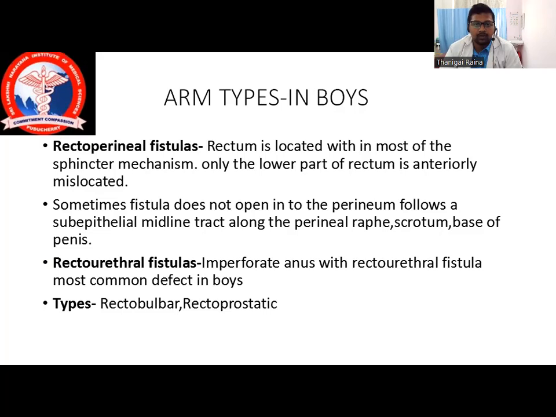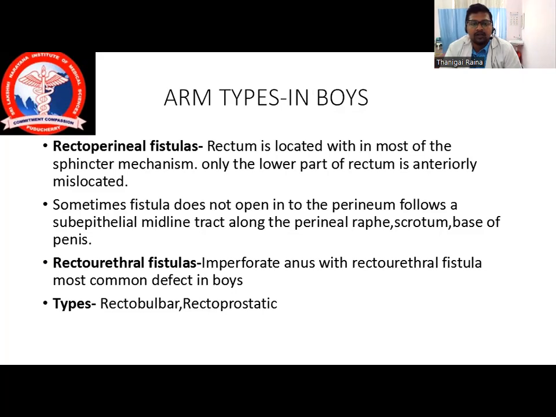So coming to the anorectal malformations in boys. There is rectoperineal fistula. The rectum is not opening properly. It is opening in the perineal area. The rectum is located within most of the sphincter mechanisms.